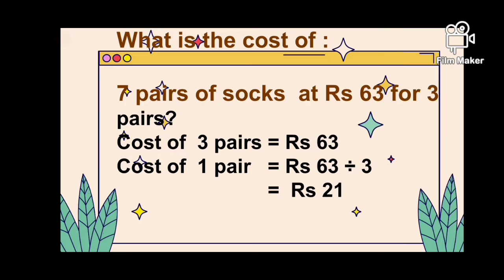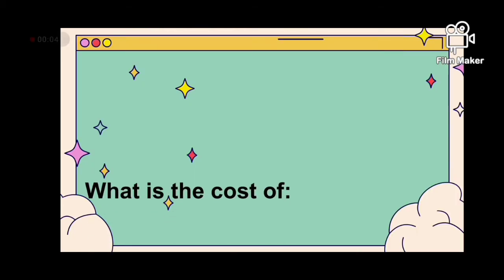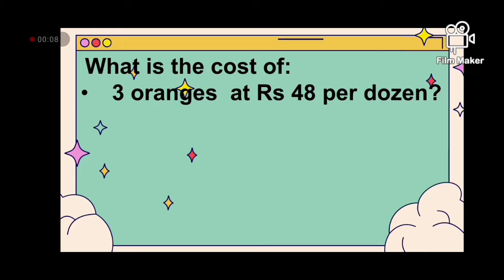So now we can find out the cost of 7 pairs of socks by multiplying the cost of 1 pair by 7. Now finally the cost of 7 pairs of socks is rupees 147.